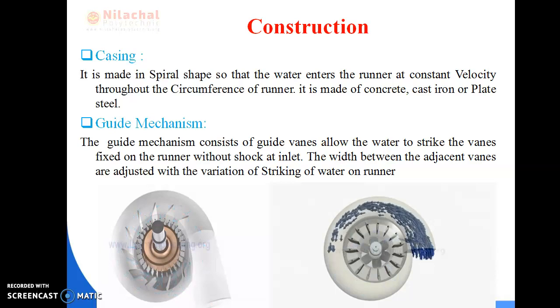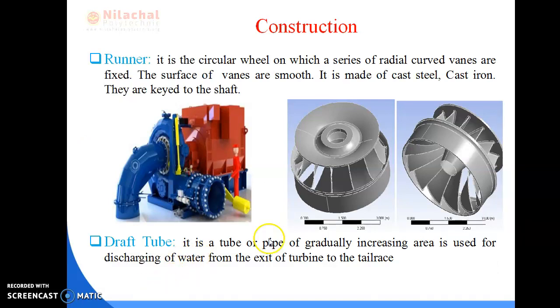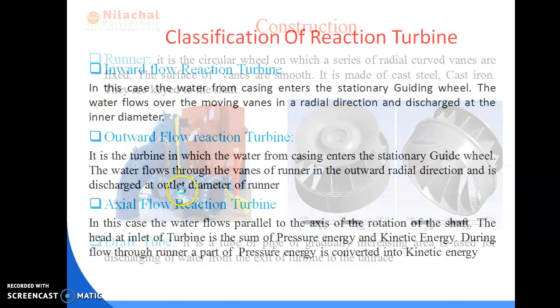Means water enters at the outer side of the turbine unit and leaves at its center. So water enters, goes into the casing, and then leaves in a direction at the face of the turbine. This is known as your inward flow reaction turbine.